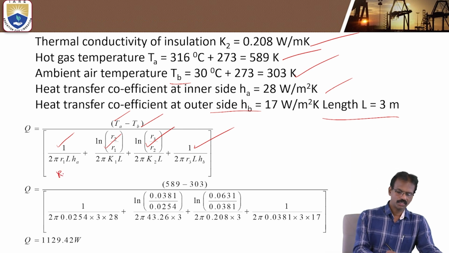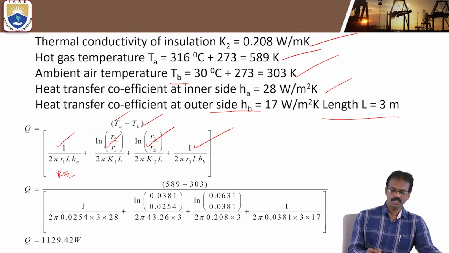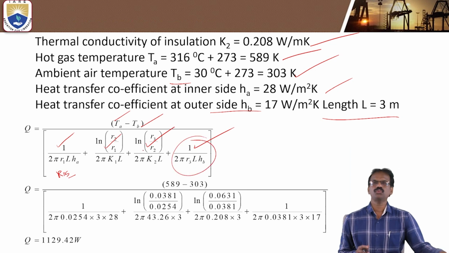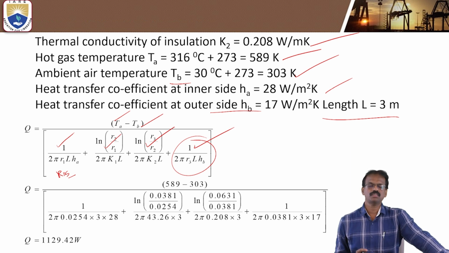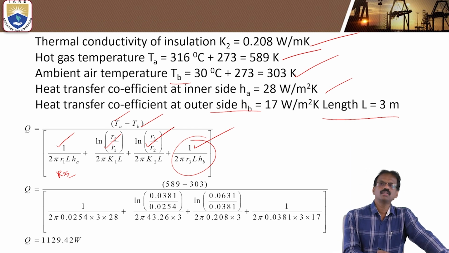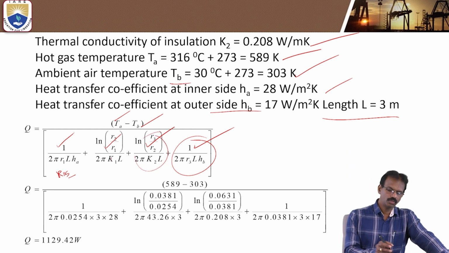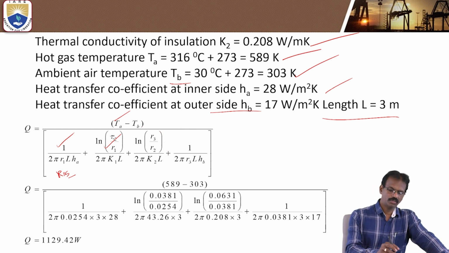This is the thermal resistance for the convection process from the inside hot fluid to the inner surface, and this is the outer surface to the cold fluid. So these are the two convection thermal resistances and two conduction thermal resistances: one for the steel tube, another for the insulating material. You know the formulas were already derived in a previous class.